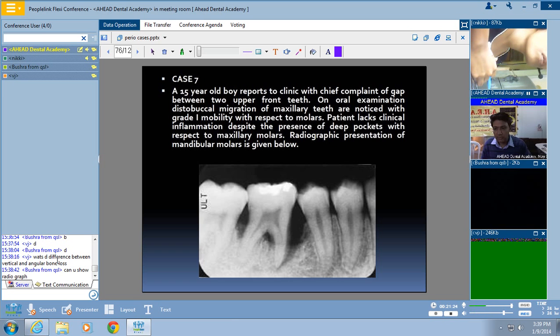Okay, VJ is asking a very good question. What is the difference between vertical and angular bone loss? See, vertical and angular bone loss are nearly the same terms. Whenever there's a vertical bone loss, it has to be an angular one and not a horizontal one. So vertical is equivalent to angular actually.